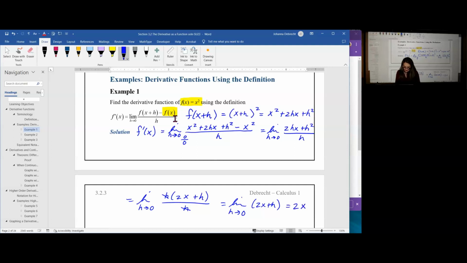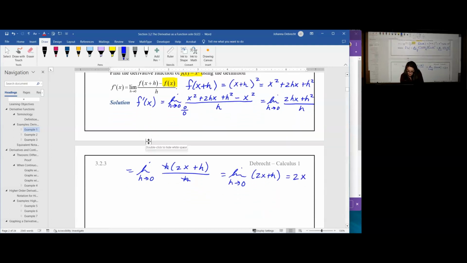What does this mean? This means that the derivative of the function f of x is equal to 2x. In other words, I've got a formula to find the derivative at any point on x squared.